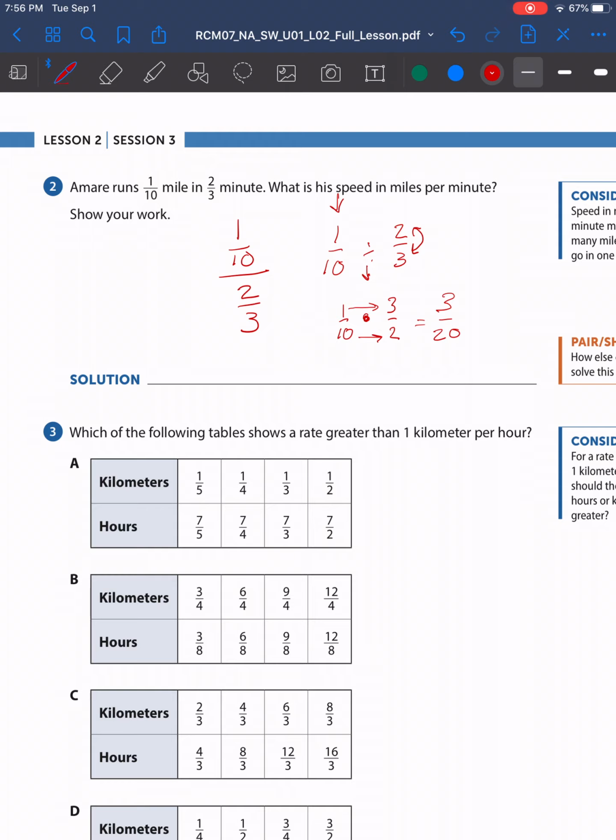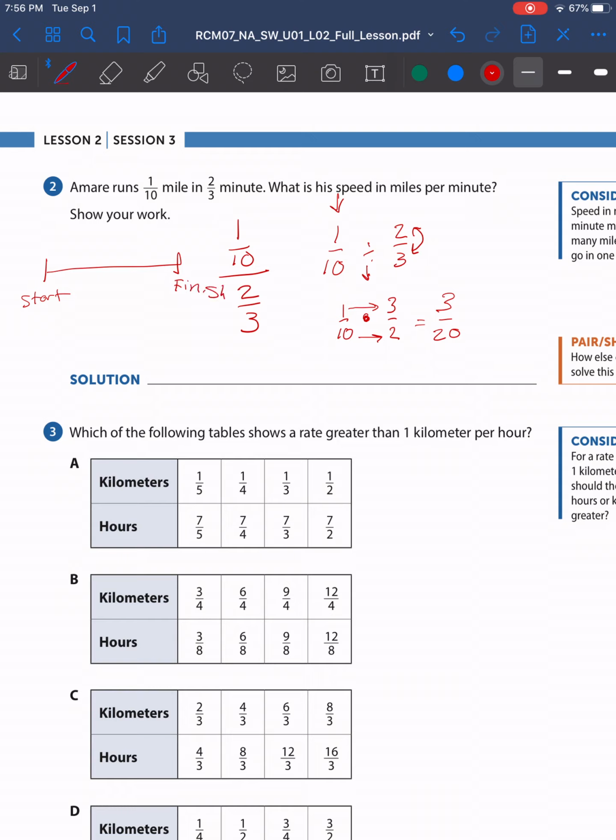All right. So what that means is that his speed, I know it looks funny because it's a fraction, 3/20ths, but what it means is his speed is 3/20ths of a mile per minute. Okay? So if this was my 1 mile, here's the start, here's the finish.